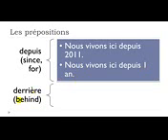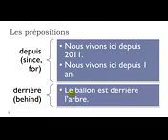Derrière means behind. Okay, so the example could be le ballon est derrière l'arbre. Le ballon, the ball, est, is, derrière, behind, l'arbre, the tree. Okay, un arbre, a tree. Le ballon est derrière l'arbre.